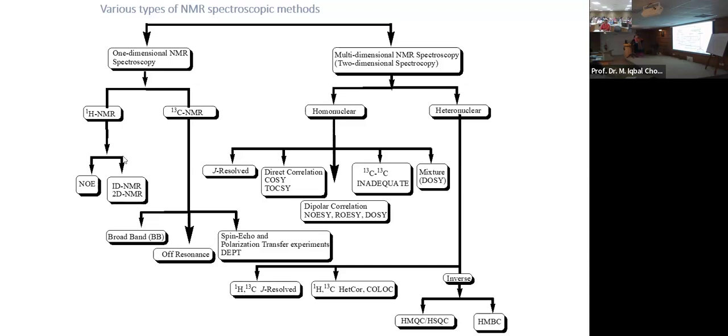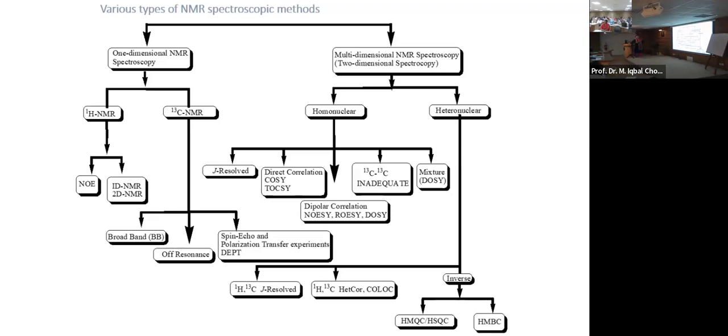Okay, so what are the NMR experiments? In one-dimensional NMR spectroscopy, we have proton NMR and C13 NMR; in proton, we have NOE, and then 1D and 2D NMRs. And in C13, we have broadband resonance. So you will be discussing all these. The theory will cover the spin echo experiment and polarization transfer experiments.